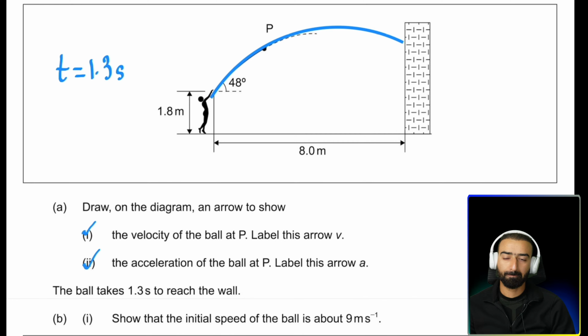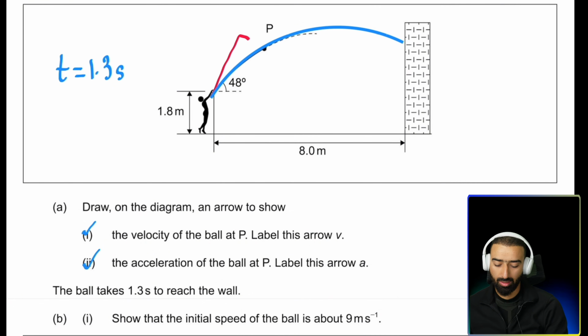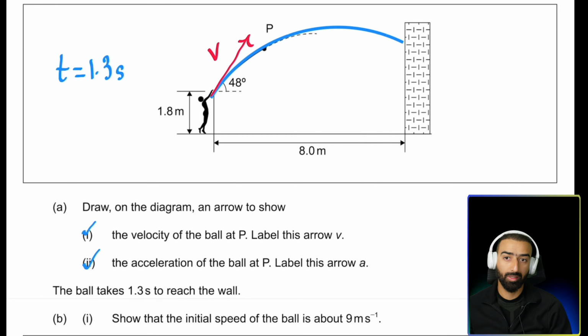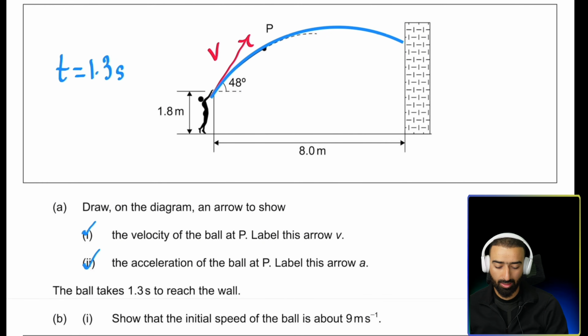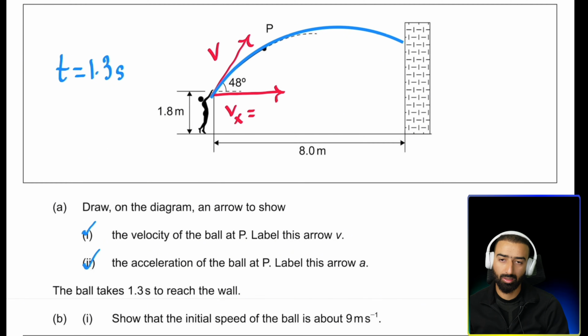Okay, so its initial velocity at the point of the launch would look like this. Initial velocity vector would go this way. Let's call that V. And the horizontal component of this velocity would be V cosine 48.